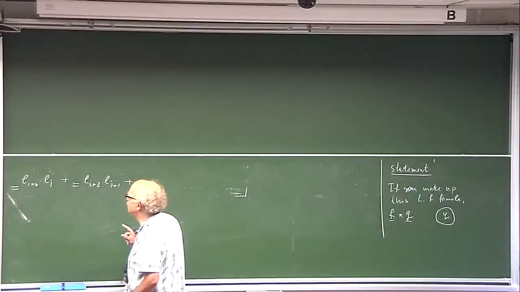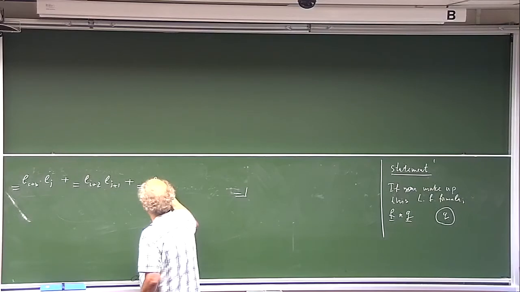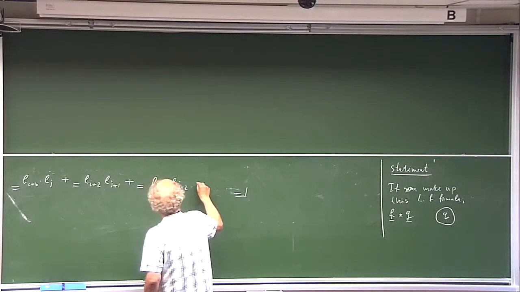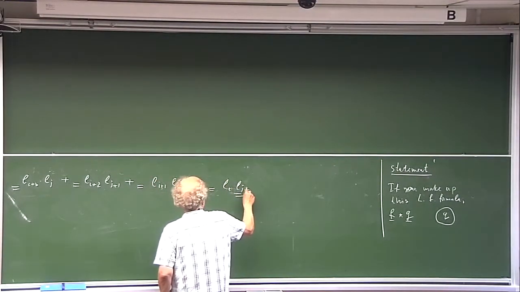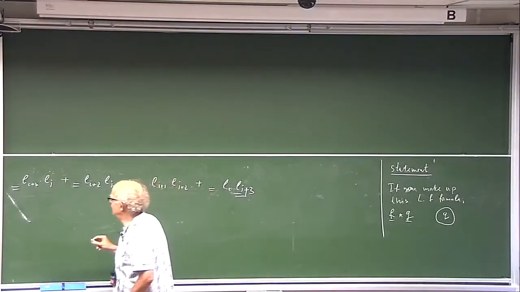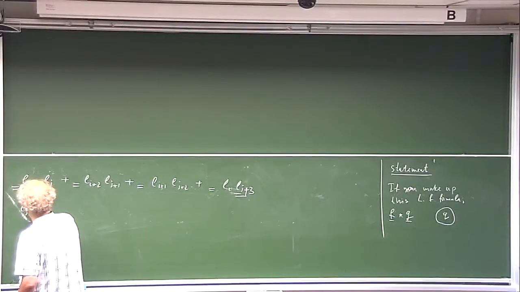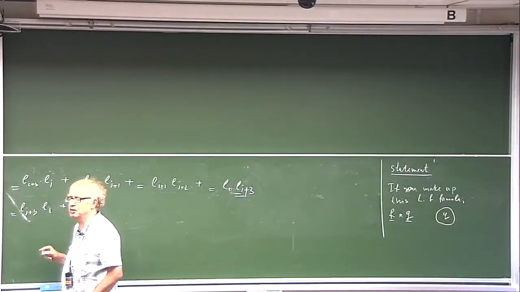It will be the sum of four terms: E_{i+1} E_{j+2}, plus E_i E_{j+3}, and here we have the opposite, E_{j+3} E_i, plus a similar sum.